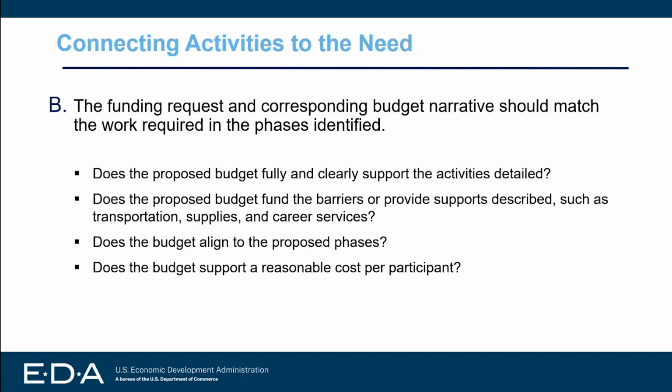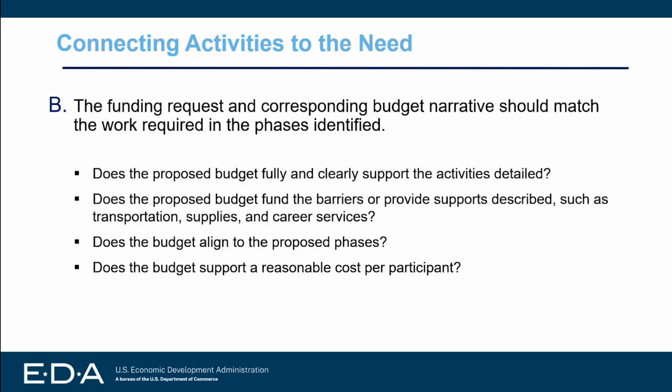The second idea focuses on alignment between your activities and your budget. So we'll look closely at the budget proposed and the activities that are being described. If you propose, again, training, but there's no budget line item for training, that is a disconnect between the activities you said you've proposed to do and the funding that you're requesting.